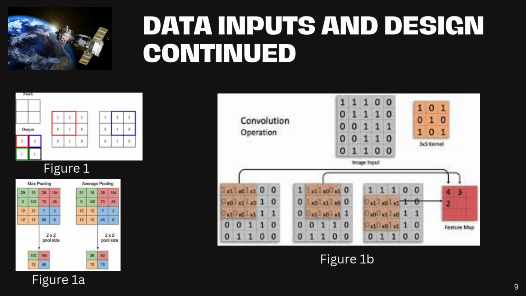On the top left, there's another figure that shows the sliding window of the filtering. This is a 2x2 filter, or 3x3, or whatever works faster. And figure 1A has the average pooling and the max pooling that I had in the code.